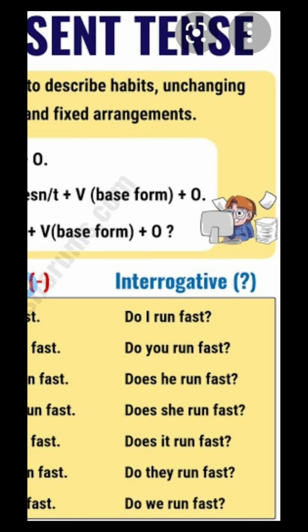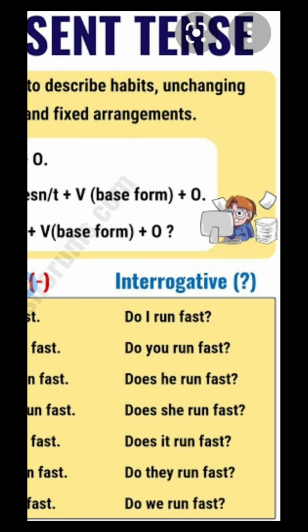This is negative. Then interrogative questions. Interrogative means we are asking others, are you doing this work or not? Do you do it or not? So now listen. For do family, we have to add do in front of the subjects. For example, do I run fast?